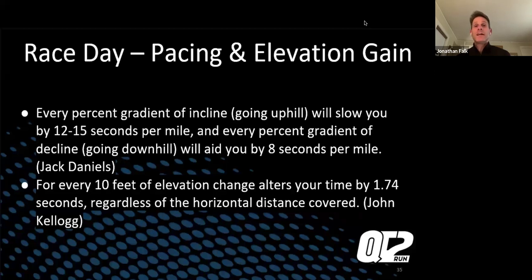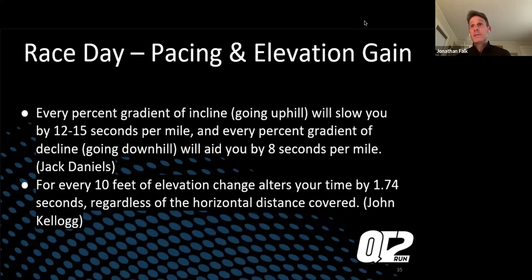For every 10 feet of elevation change, it alters your time by 1.74 seconds, regardless of the horizontal distance covered during the race. So again, it's purely about running the race by effort. You want to take advantage of the downhills and run them honestly, not overly so.